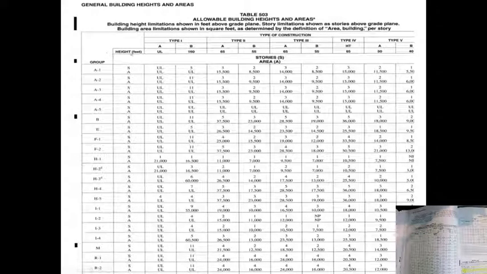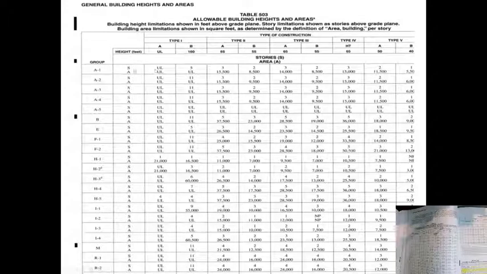And then you have heights in feet. Even though it may tell you how many stories it is, this is the ultimate feet you can do. So that means if you look here, it says S for stories. It says 5 stories, but this is the ultimate height that you can have of those 5 stories.